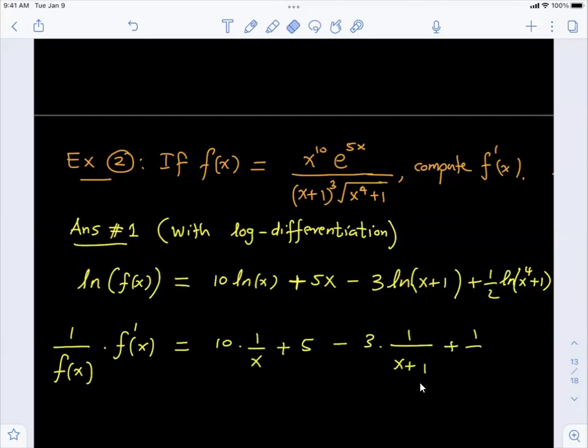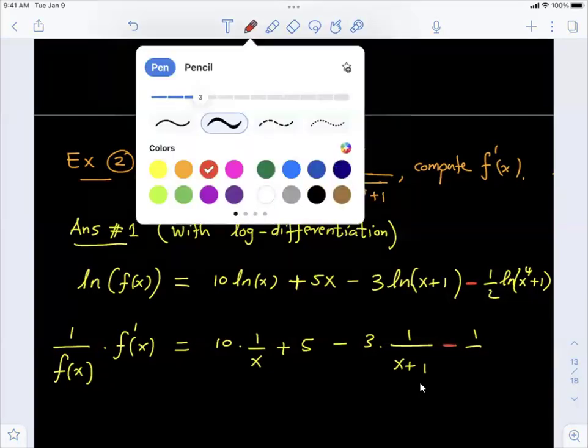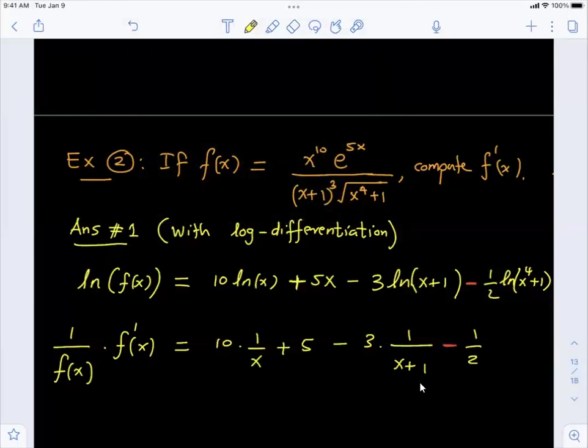This should not be plus, it should be minus. I will put it in the red color since it's a correction. So this should be minus, and this should be minus. Both of those terms are sitting in the denominator. It's going to be a minus, and then 1/2 times 1 over x to the 4th plus 1 times 4x to the 3, because the derivative of x to the 4 is 4x cubed.